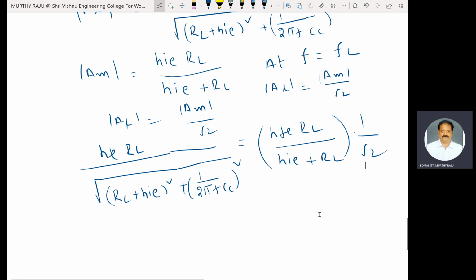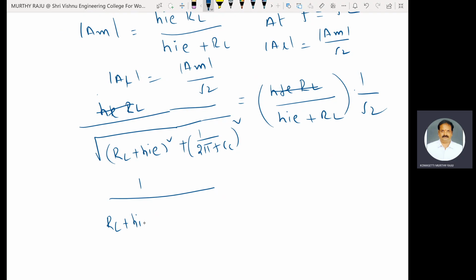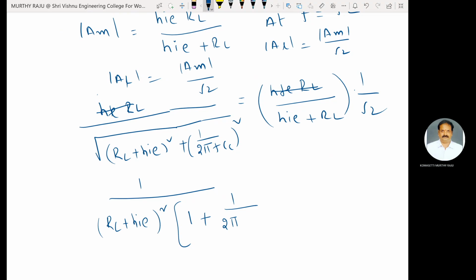The common term here, HFE RL, is cancelled. Here 1 by RL plus HIE is a common term. Into the square root of 1 plus 1 by 2 pi F CC into RL plus HIE whole square.